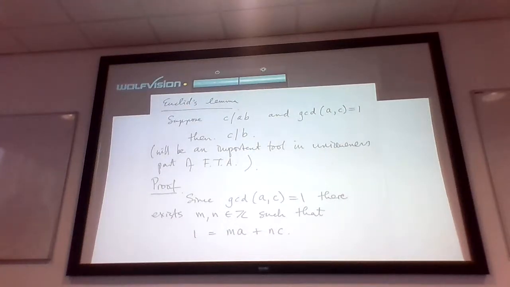That comes from theorem 2.3: the greatest common divisor can always be expressed as a linear combination of the two numbers.